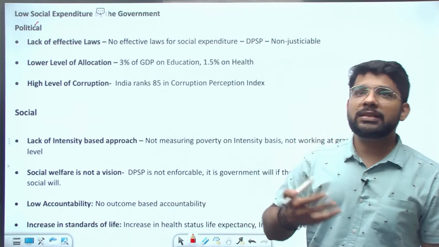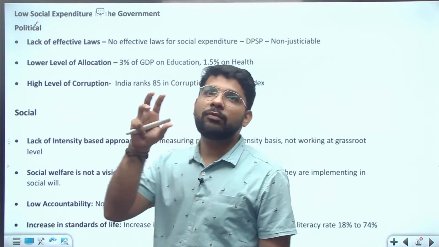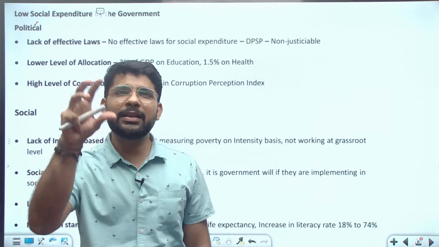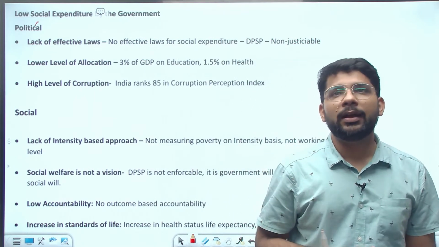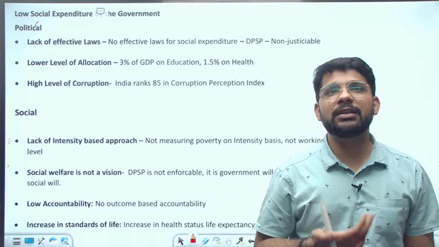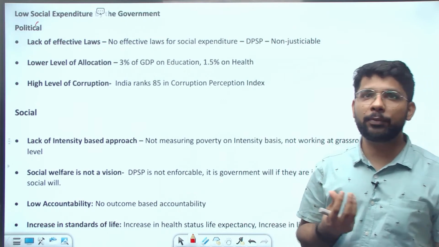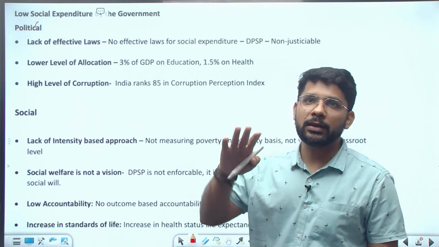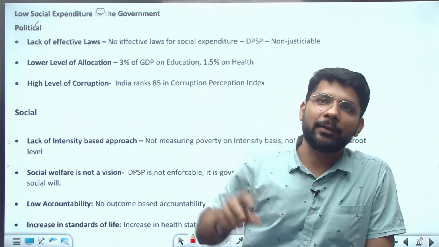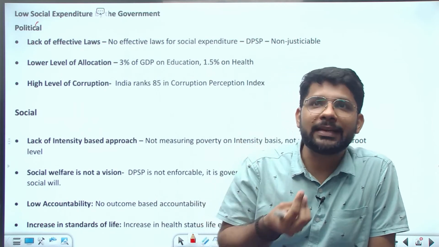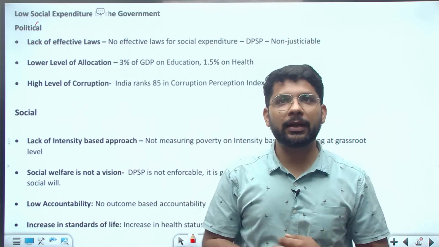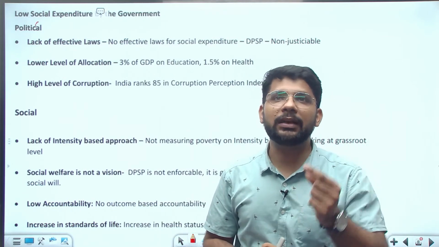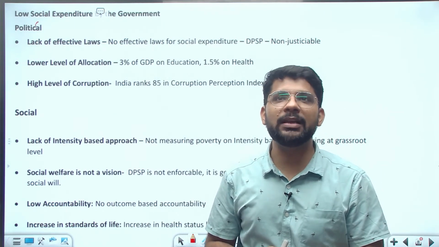If we come to the second part, what are the social factors which prevent the government from spending on these social indicators? What is the reason? Lack of an intensity-based approach. It means we are measuring poverty but not on the basis of intensity. We count how many people are poor in the country, but we are not measuring the depth of poverty.